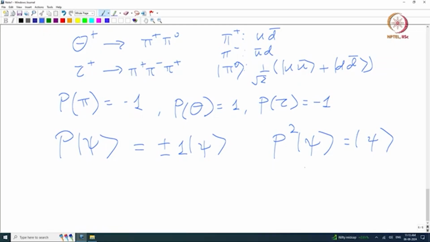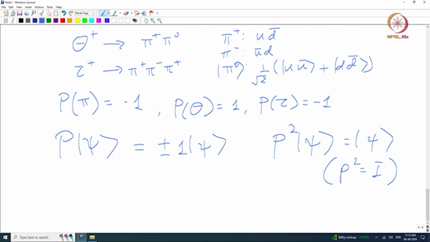Okay, so in other words, P square is nothing but the identity, and maybe later we will see that the operator P can be represented in matrix form and so on, okay. If we have time we will get into all that, but for now just think of these as abstract operators, okay. Alright.